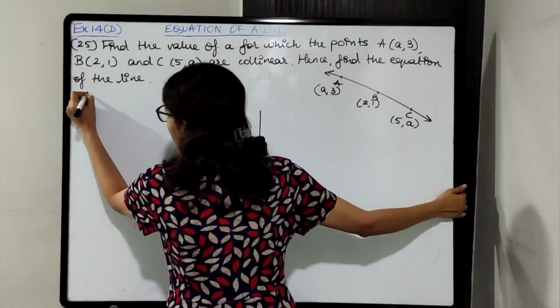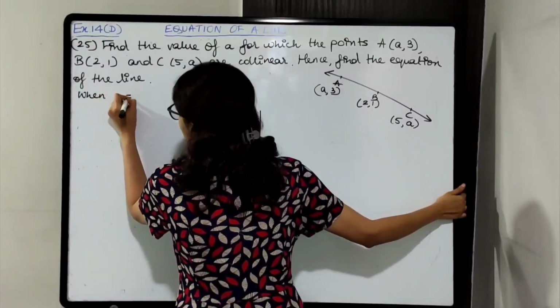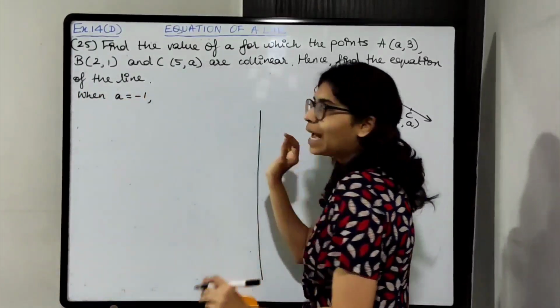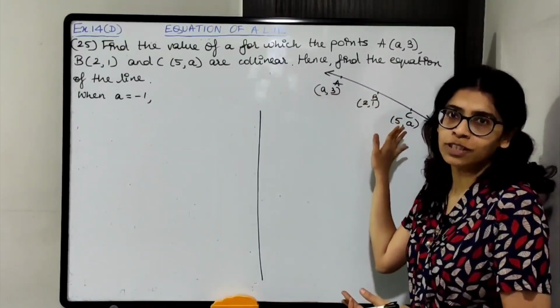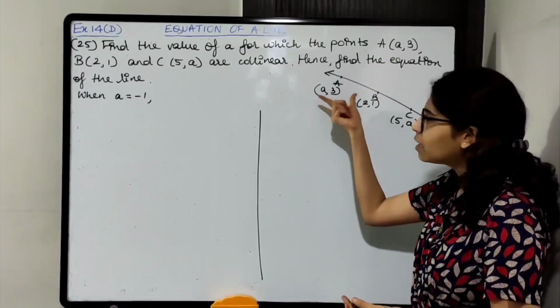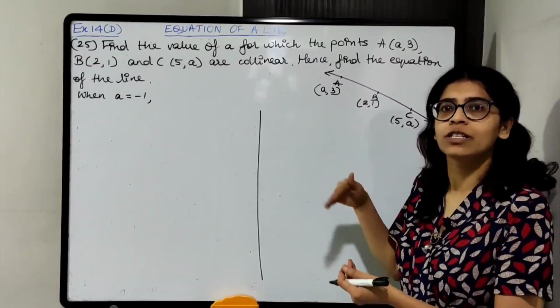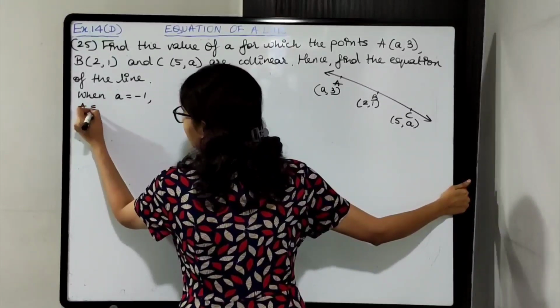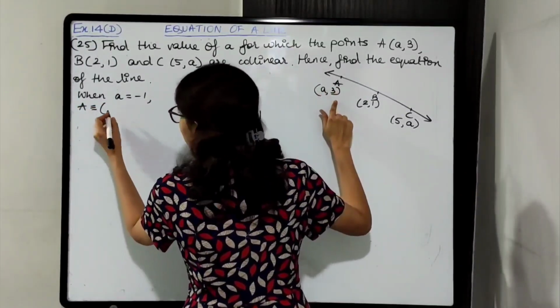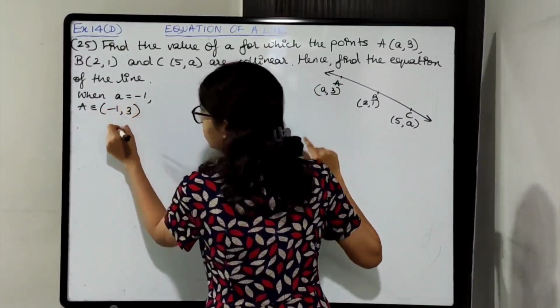So when a is equal to minus 1, I'll consider A and B to find out the equation of the line. Okay? So I will find out the coordinates of A because I need that. A, which is a comma 3, will become minus 1 comma 3.